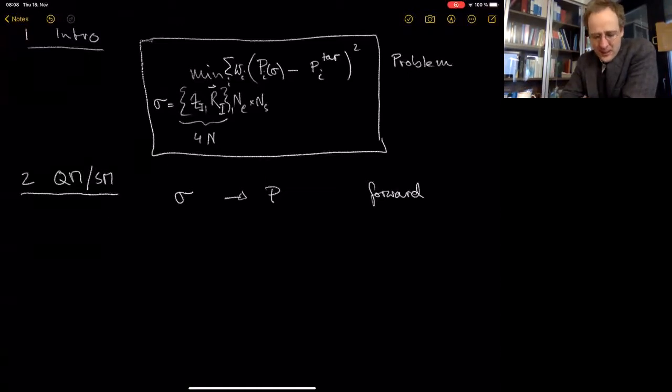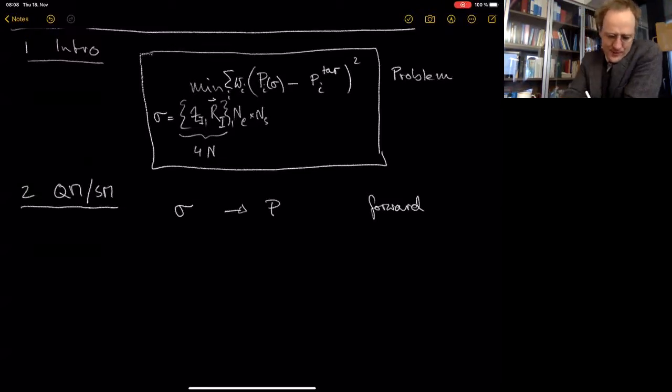So solving the forward problem many times is a possibility. And so these QM methods allow us to do this in general.